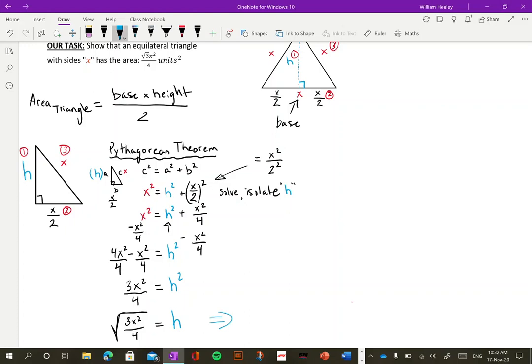And to simplify that, this is the same as writing the square root of 3 times the square root of x squared divided by the square root of 4. Square root of 3 cannot be simplified. Square root of x squared is just x. And the square root of 4 is 2. That is the height of the triangle.